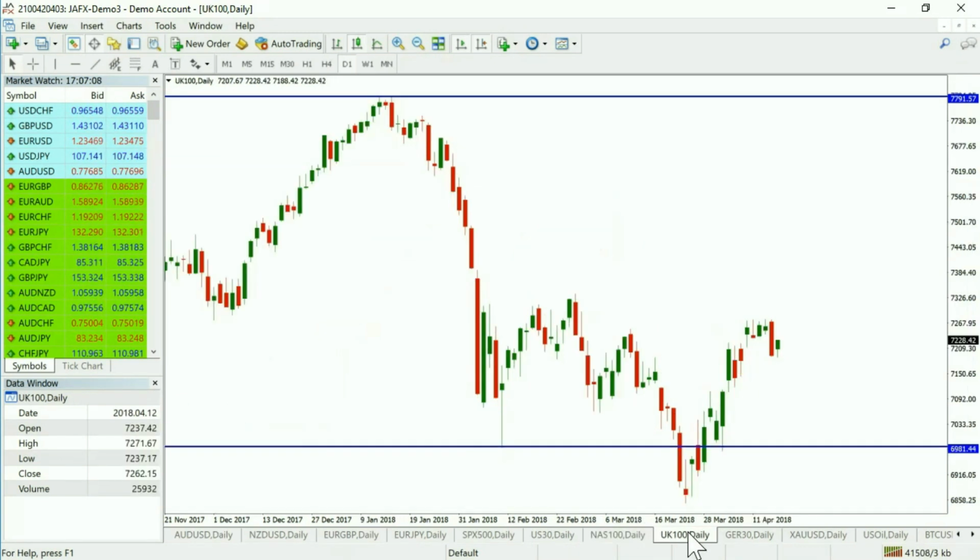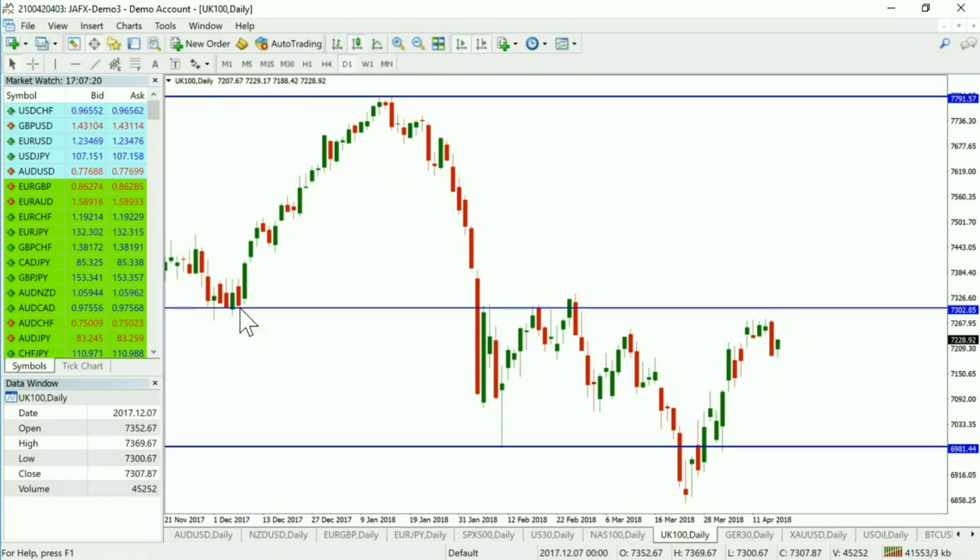Let's contrast with the fortunes of the European indices, beginning with the UK FTSE 100. We do have levels of support and resistance in and around this level here. We had a premature bounce off that level. Ideally, you would like the price to hold the 7,300 level, but yesterday we saw a bit of a pullback in this market.